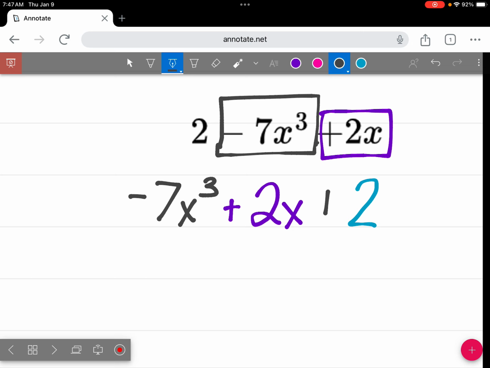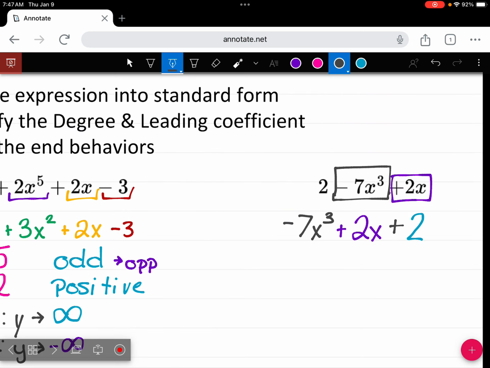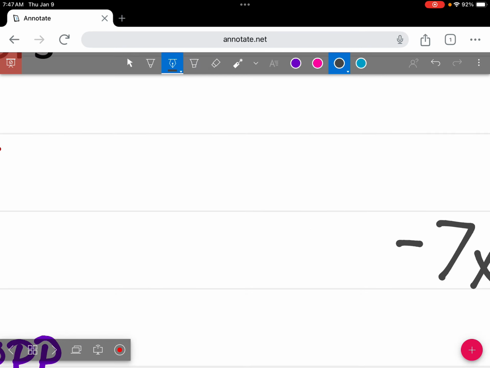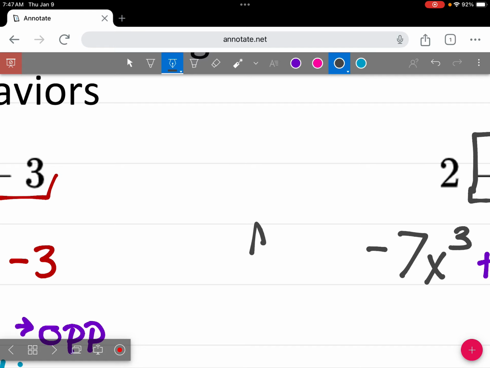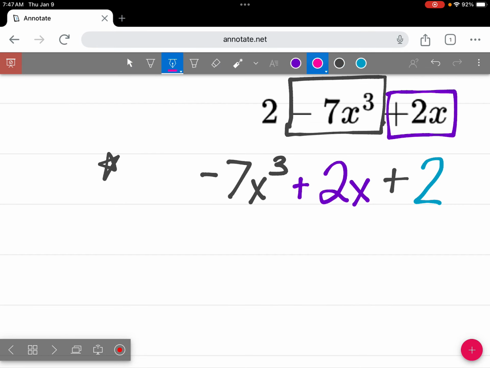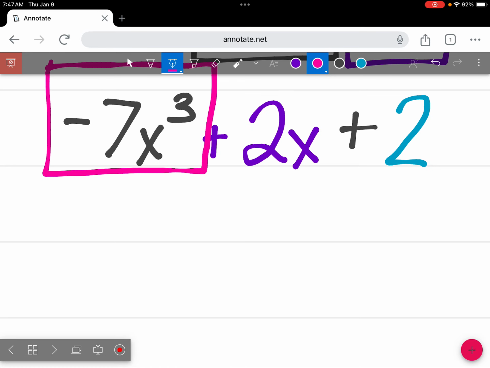That is a positive 2, so we add it on the end. So that puts us in standard form. Putting it in order from biggest to smallest exponent gets us in standard form, which means our first term is the one that's in charge. That's the one that tells us our degree and our leading coefficient. So what is the degree of this polynomial?